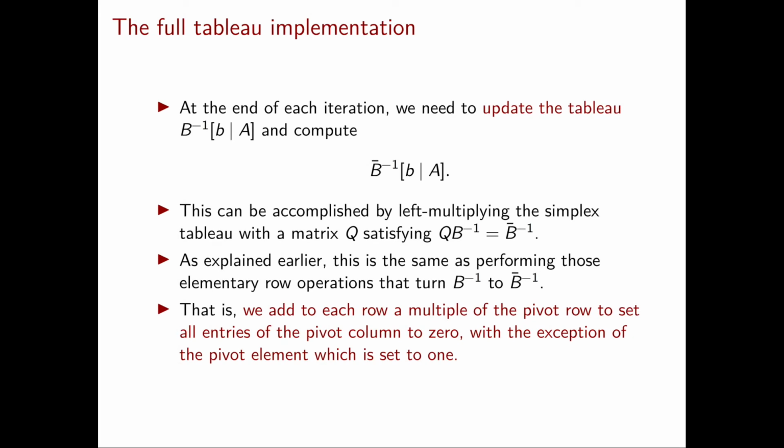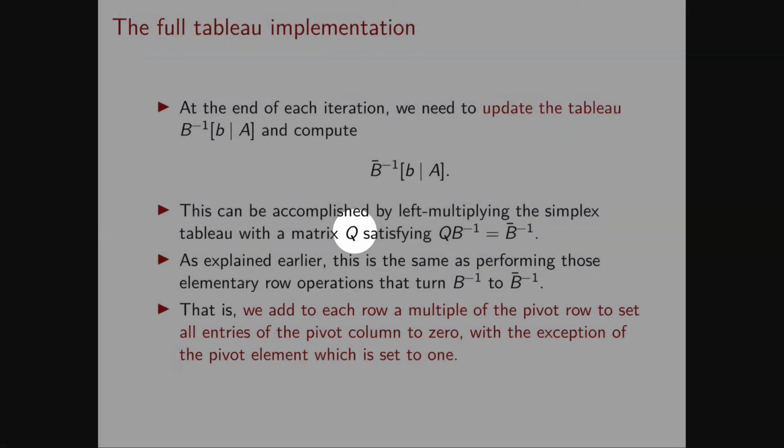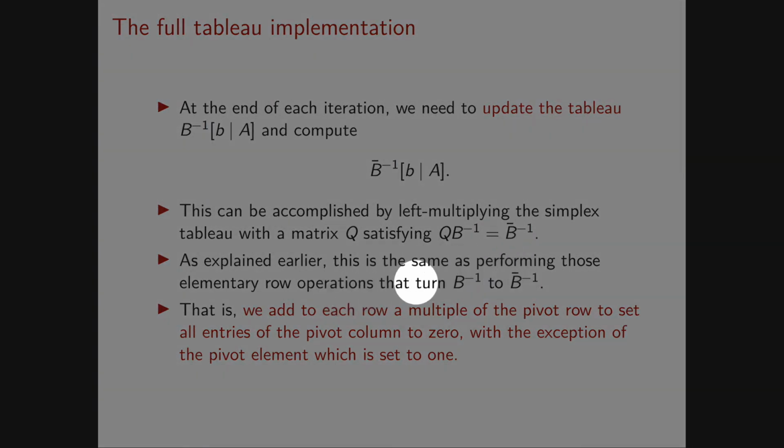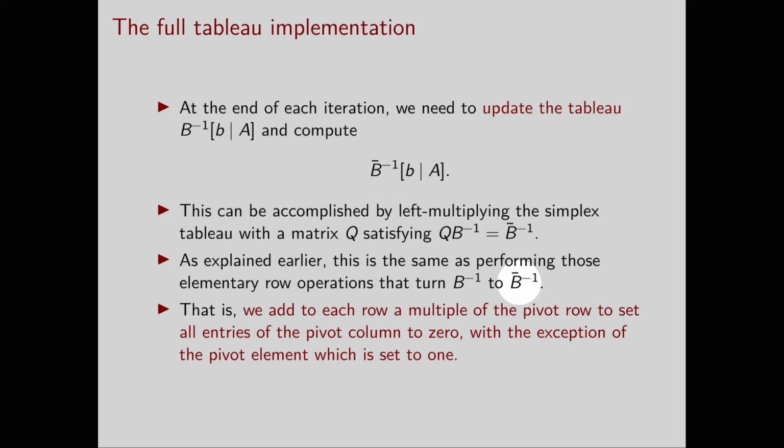In fact, we know how to transform B inverse into B bar inverse by multiplying on the left by our matrix Q. So everything we need to do to correctly update the tableau is to multiply on the left by the matrix Q that we already discussed in the revised simplex method. And we've seen that this is the same as performing the elementary row operations on the tableau that turn B inverse into B bar inverse.